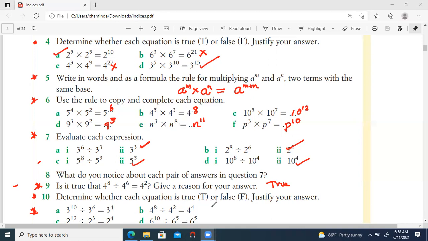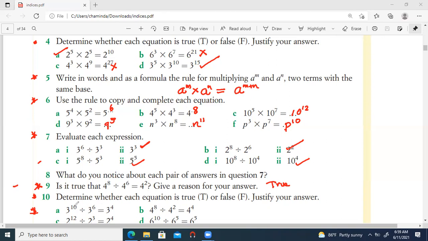Determine whether each equation is true or false. You have to write in front of it, true or false. First one, 3 to the power 10 divided by 3 to the power 6.